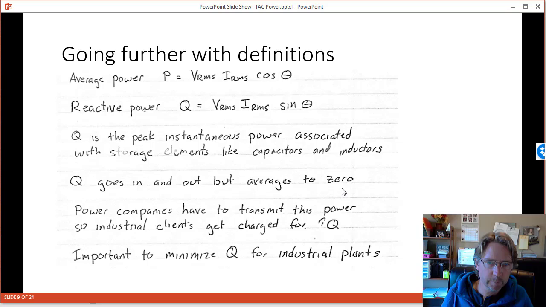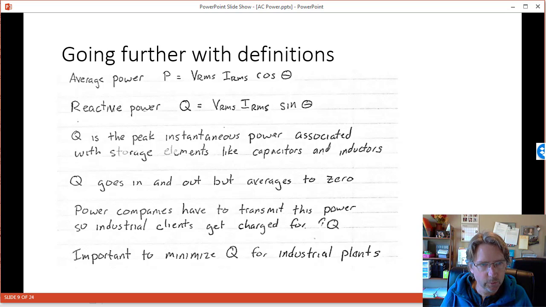But because power companies have to size the power lines and transformers and everything to handle this and the average power, if you're an industrial power consumer, your power meter may charge you for P, which is actually what's doing the work in your factory, and also for Q, because that's a hassle for PG&E to have to deal with.